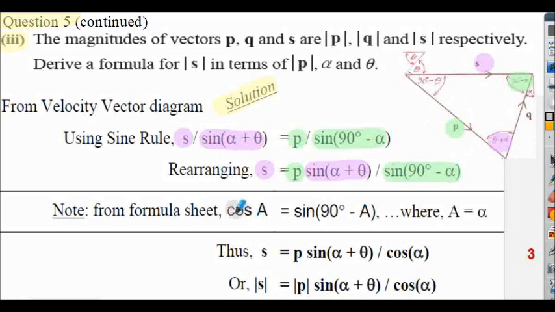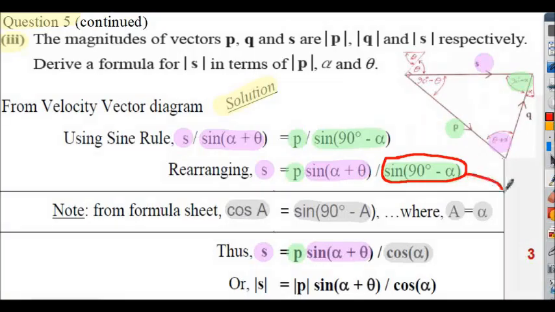Then from our formula sheet we use the trig identity cos A is equal to sine of 90 degrees minus A. Of course in this case A is equal to alpha. So we can rewrite the equation as S is equal to P multiplied by the sine of alpha plus theta, but now divided by cos of alpha. So this term here is replaced by this term here. A slight variation is shown on the last line using the notation stated in the question.